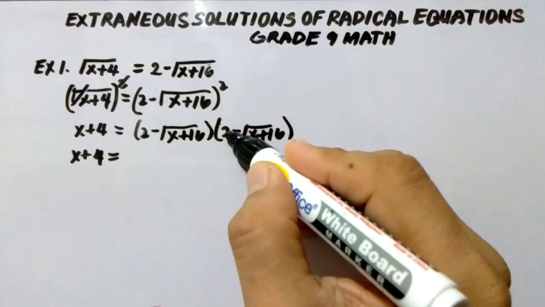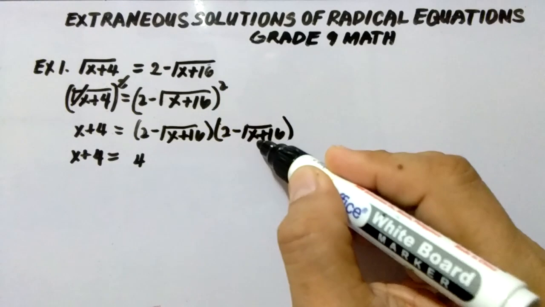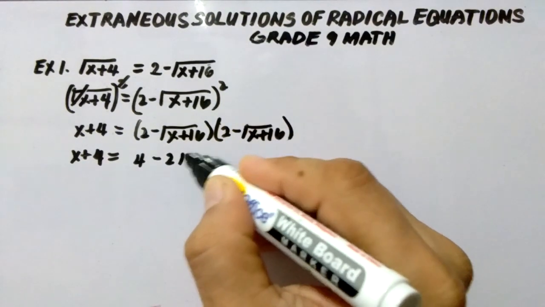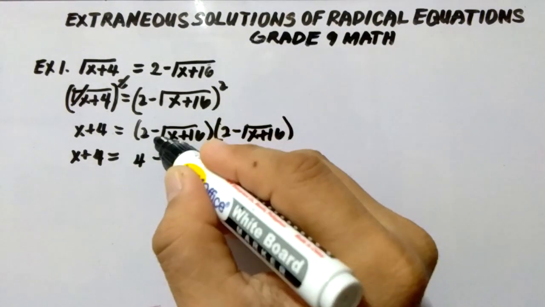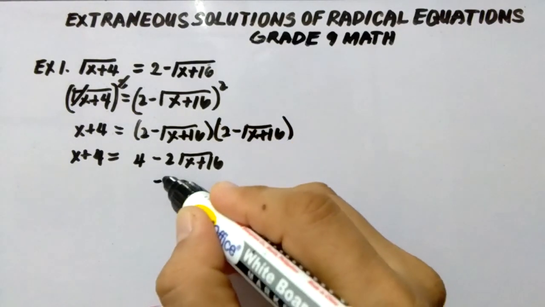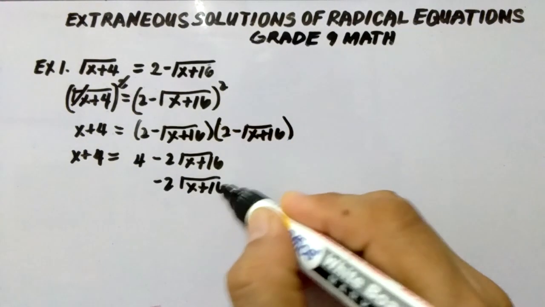Okay, so 2 times 2, that is 4. Then 2 times negative square root of x plus 16, that is negative 2 square root of x plus 16. Then negative square root of x plus 16 times 2, that is negative 2 square root of x plus 16.